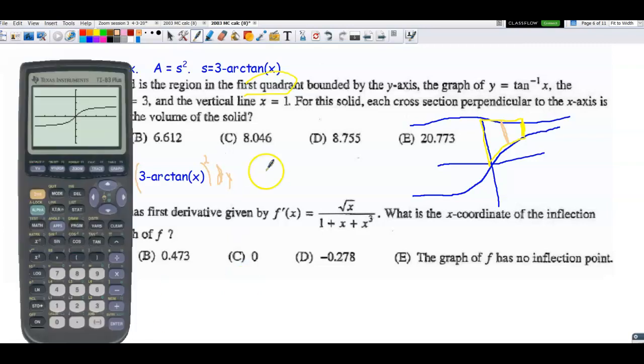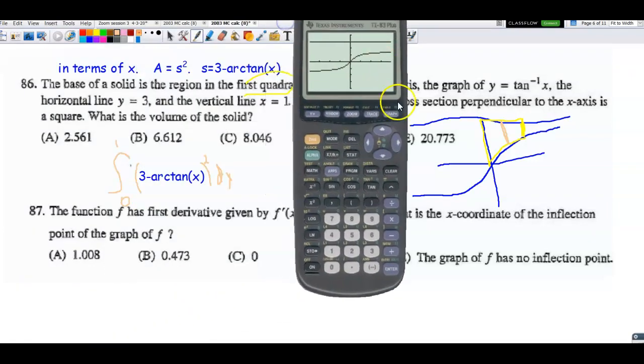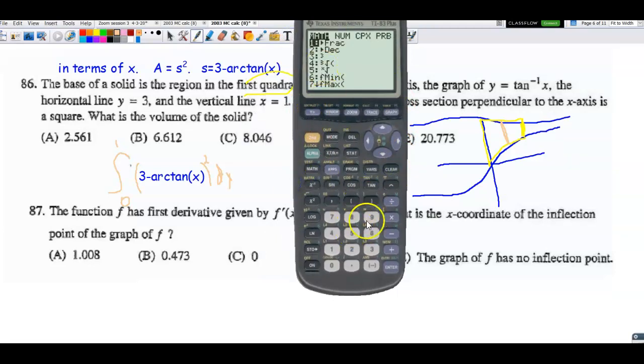And so when I do that, so math number 9, integrate, parentheses, 3 minus inverse, whoops, I didn't hit inverse. Yes, I did. Inverse tangent.